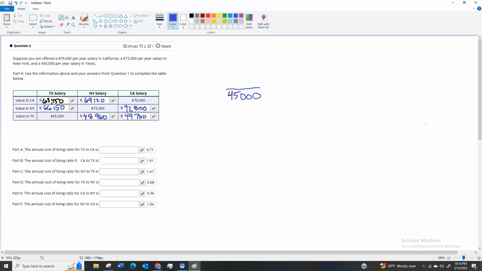So that you don't use the wrong ratio like we did in class the other day, if you're going to do this proportion method, you have to always put what you are looking for on the top. Whatever you're trying to find has to be on the top. So we're looking for California and we have Texas.